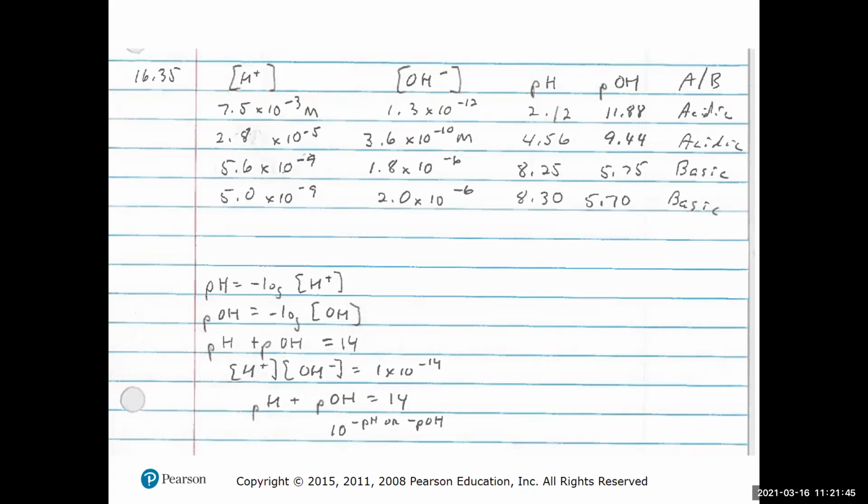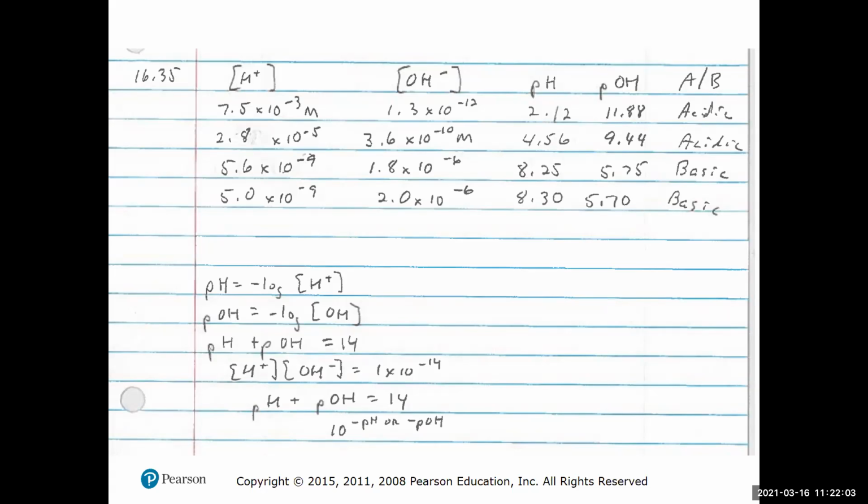And so for instance, if you're given the hydrogen ion concentration, you can quickly find the pH, okay? So you do minus the log of that value. Now you have a pH. You can get pOH pretty easily by subtracting that pH from 14, and now you've got pOH.